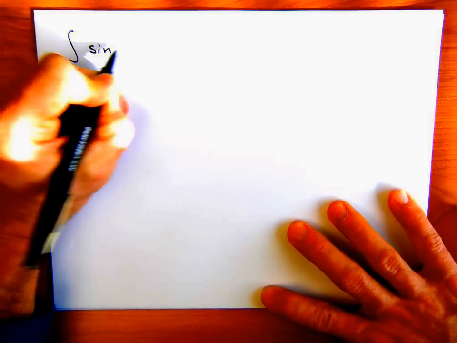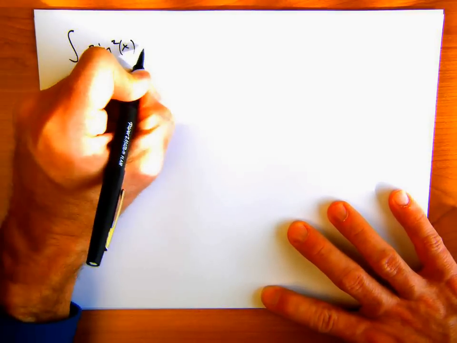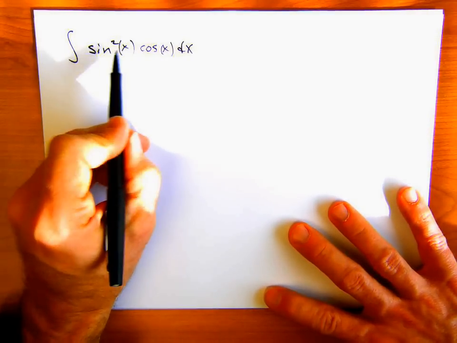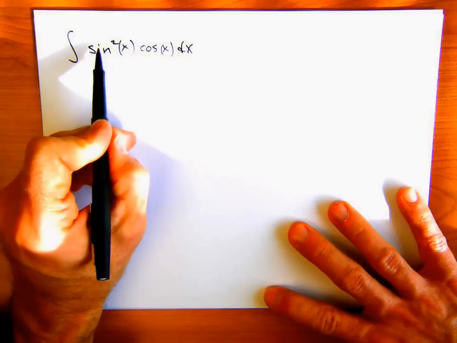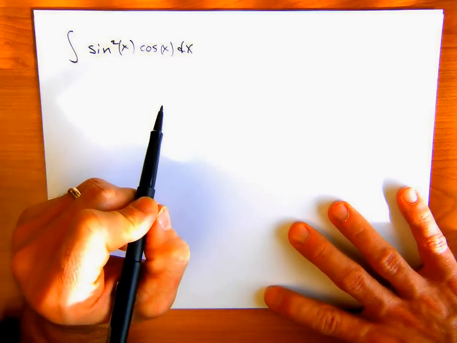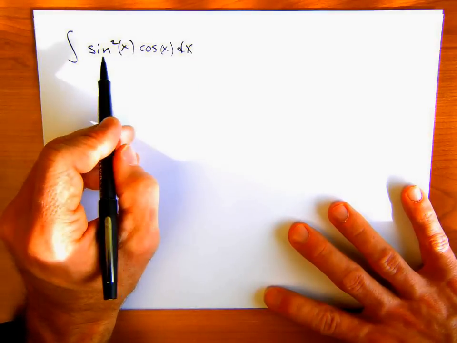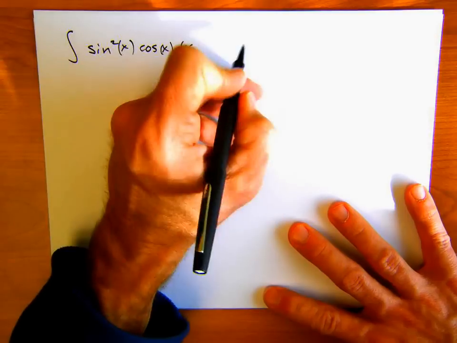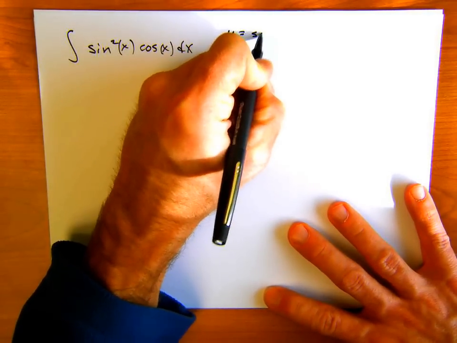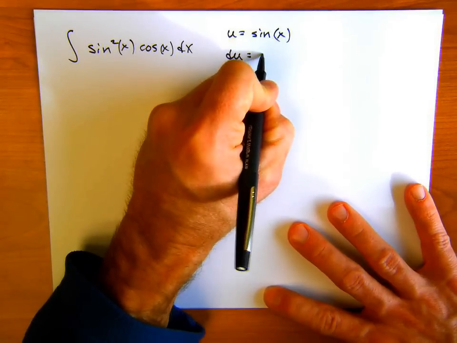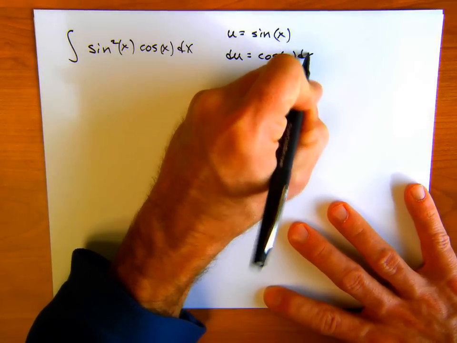All right, so those are a couple of things we already know how to do. One more thing that we know how to do is something of the form sine squared of x times cosine of x dx. Remember, this means that you're taking sine of x and then squaring it. The way that we handled this was to do a substitution. If we let u equal sine of x, then du equals cosine of x dx.